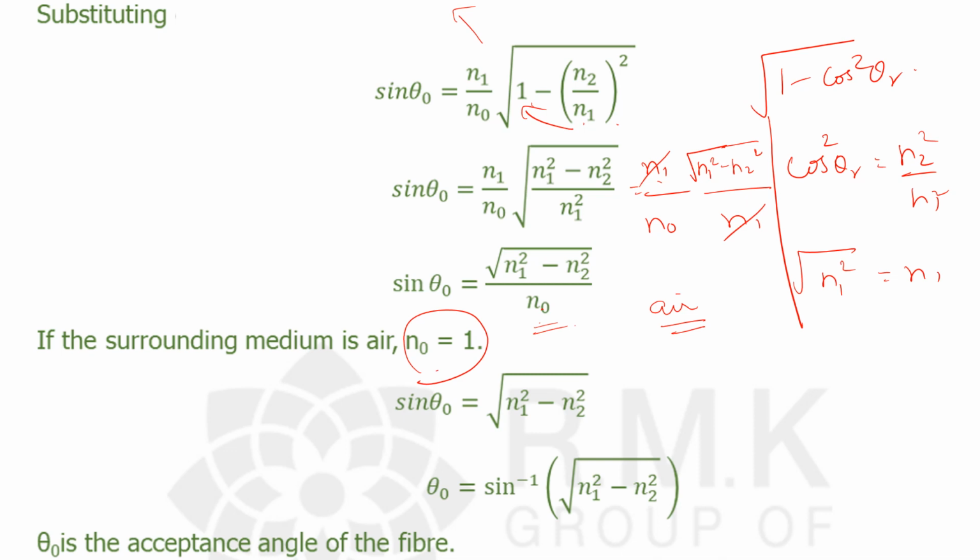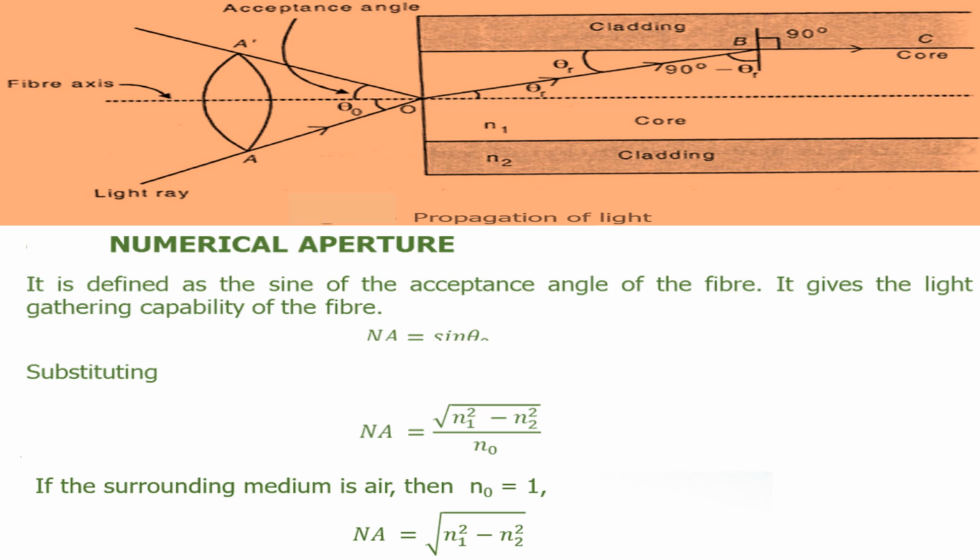So, theta naught is equal to sin inverse of root of n1 square minus n2 square, where theta naught is called the acceptance angle of the optical fiber. That is the maximum angle accepted by the fiber. So then the light enters into the fiber and it gets totally internally reflected.